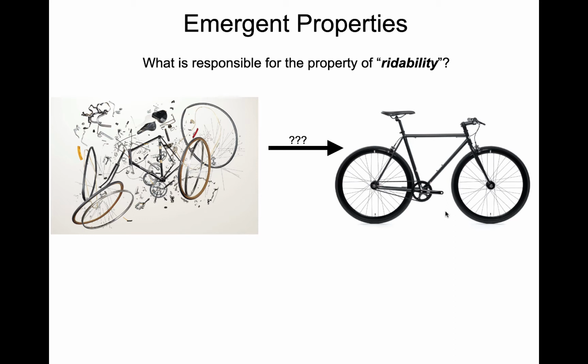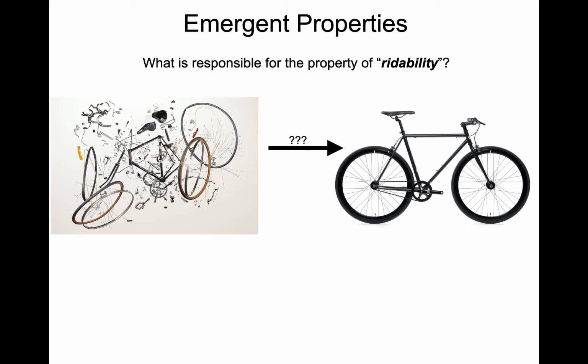And so the question is, what is responsible for this property of rideability? If picture 1 and picture 2 have all the exact same parts, what is the difference between the two? Why is 2 rideable and 1 not rideable?